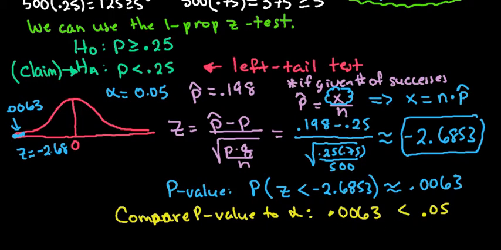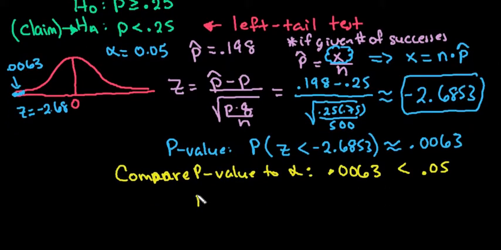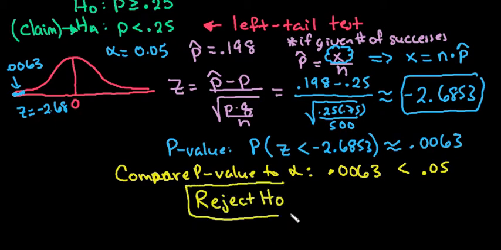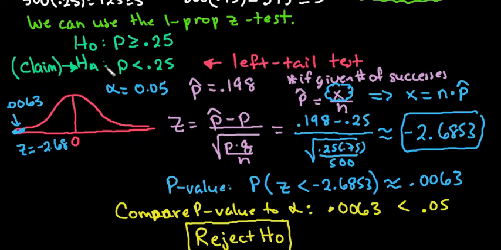So if it's less than or if it's equal to, then you always make the decision to reject the null hypothesis. Okay, if it's greater than, then you fail to reject. So now we have to look back at our information up here, and we see that our claim is about the alternative. So since we're rejecting the null, we're saying this doesn't appear to be true, and the evidence is actually pretty strong.